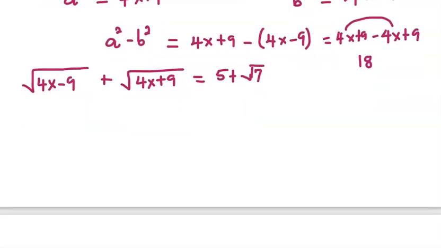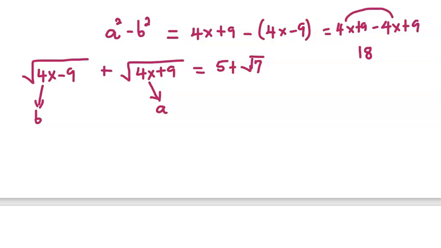So remember that this here is equal to B and this here is equal to A. Now we derive the following equations for A and B. A plus B is the one given as 5 plus root of 7, and A squared minus B squared is the one we found as 18.